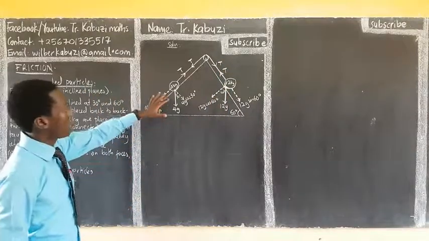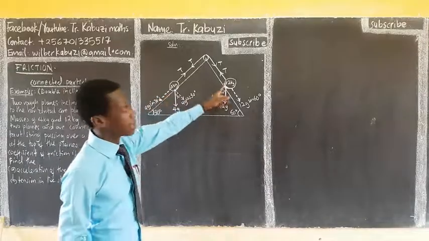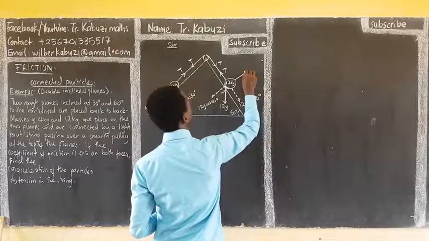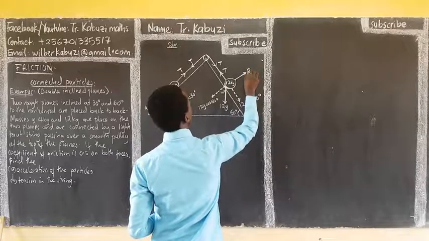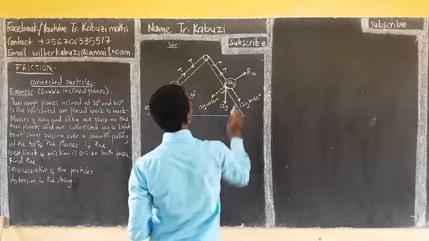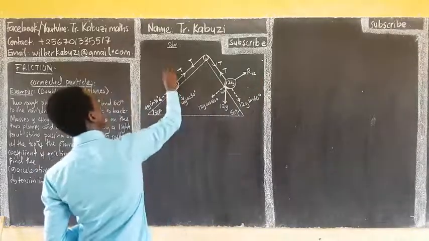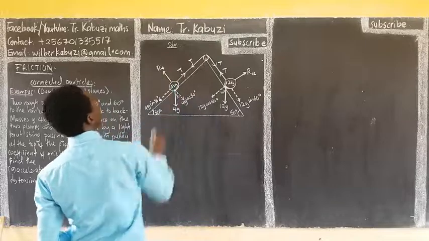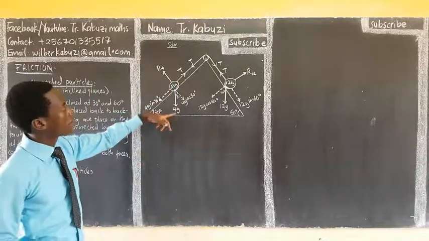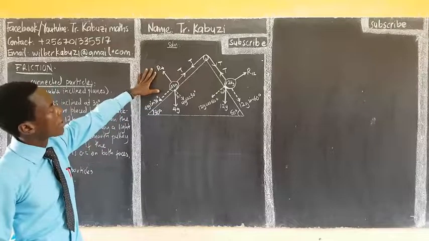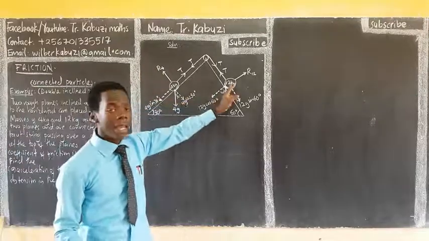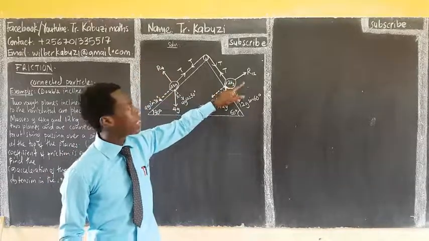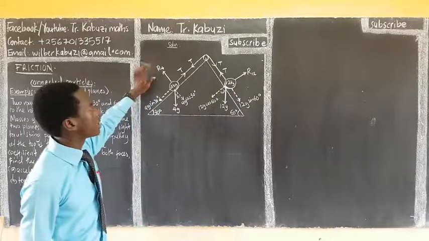Because this one is bigger than this, the resultant here is going to be different from the resultant there, because this one has a different weight compared to that.